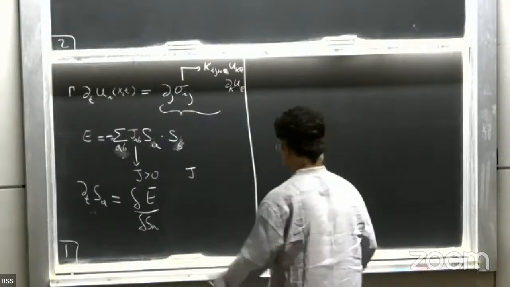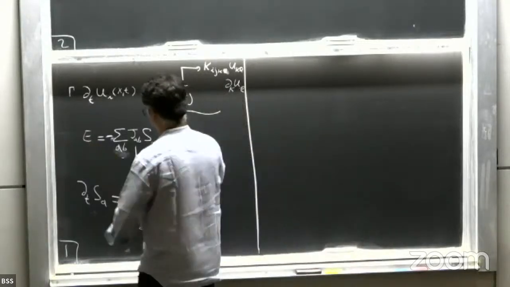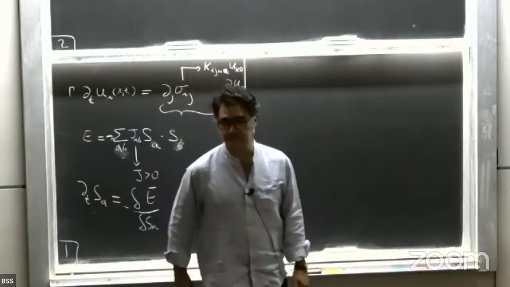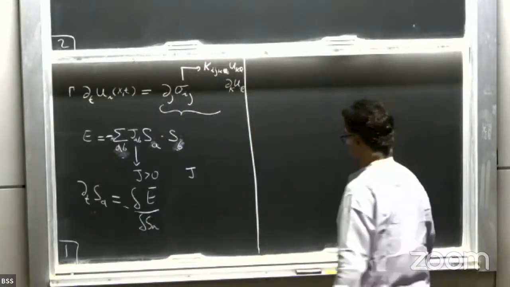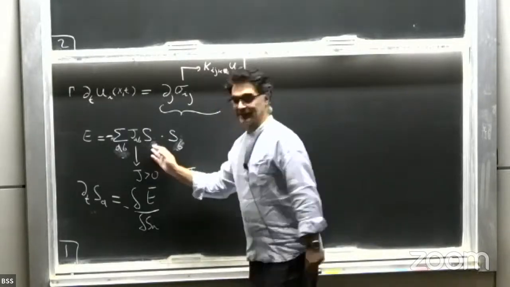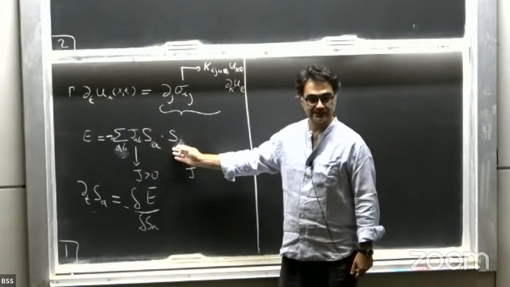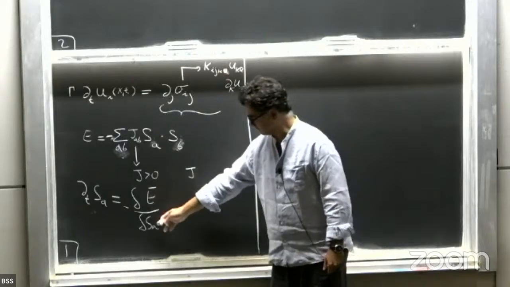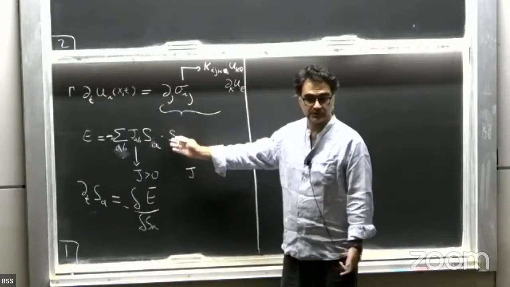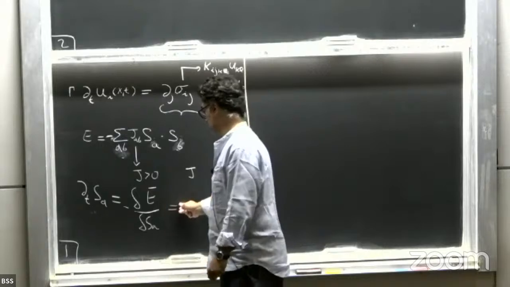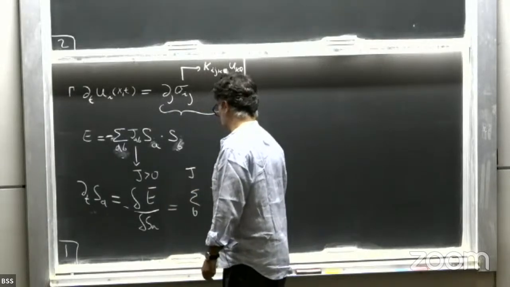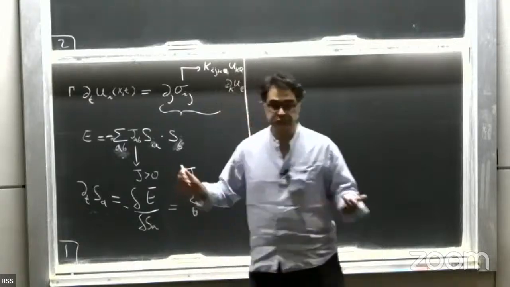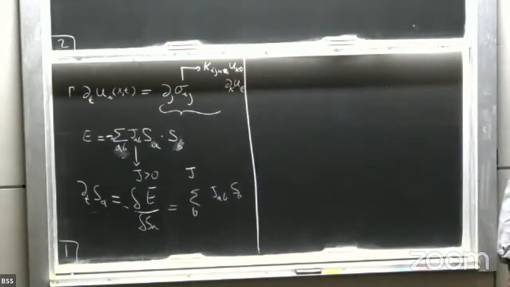Okay? So you tend to go downhill, maybe with a minus. Now, if you add a quadratic form for the spin, then this derivative would be linear. In fact, it would be sum over b of J_ab S_b. Are we all in agreement with this?